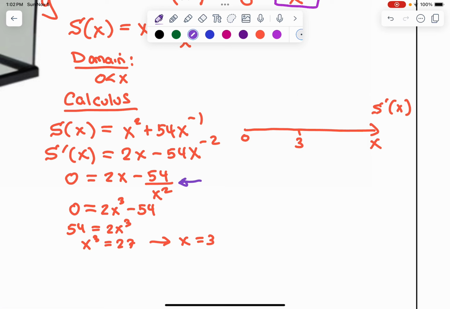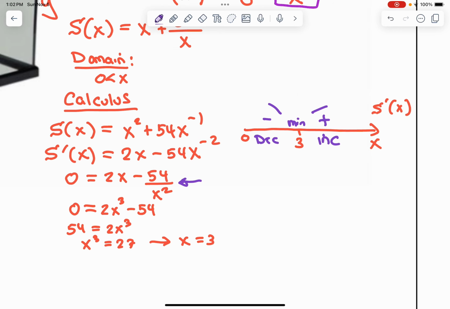So if we plug in 10, you get 20 minus 54 over 10. 54 over 10 is 5-ish, so that's going to be positive, which means my function is increasing there. And for example, a number like 1 would be 2 minus 54 over 1, which is negative. So it's decreasing. So I indeed have a min.